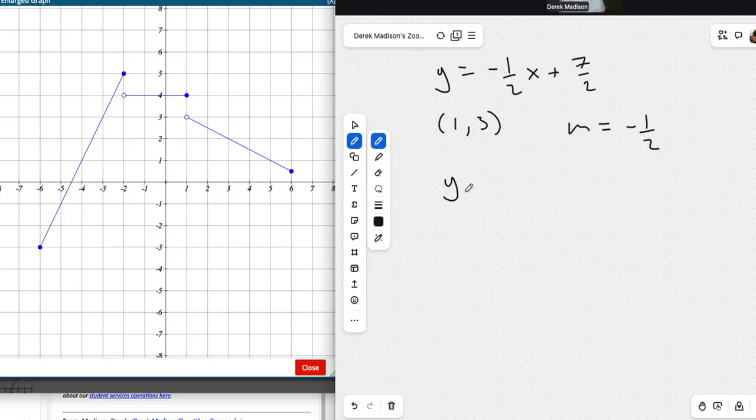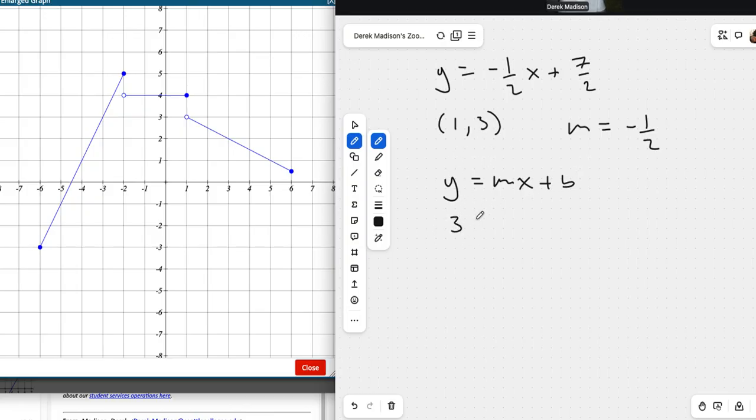So I can use point slope, or I can use slope intercept for this. I'll use y equals mx plus b. There's a couple of different ways of doing that step, but here's one version.